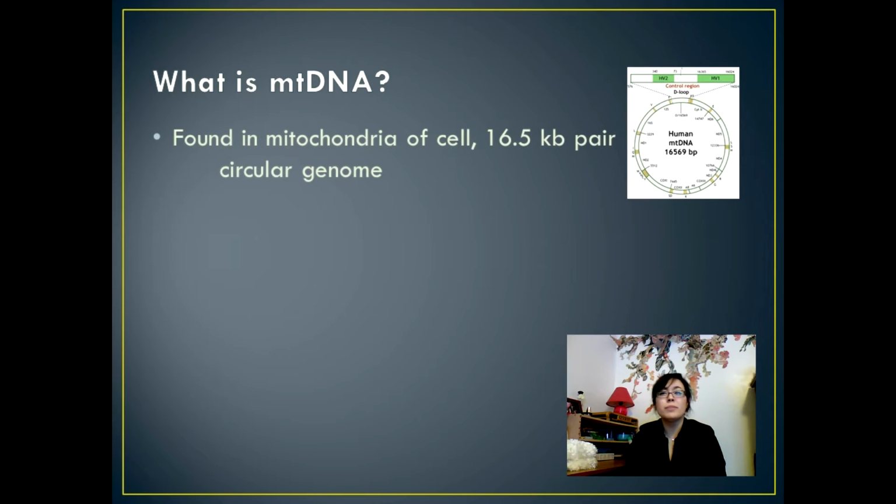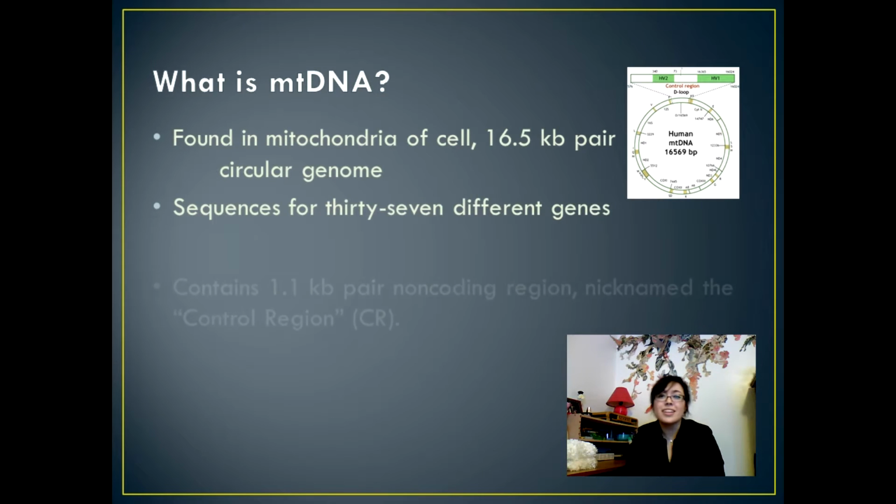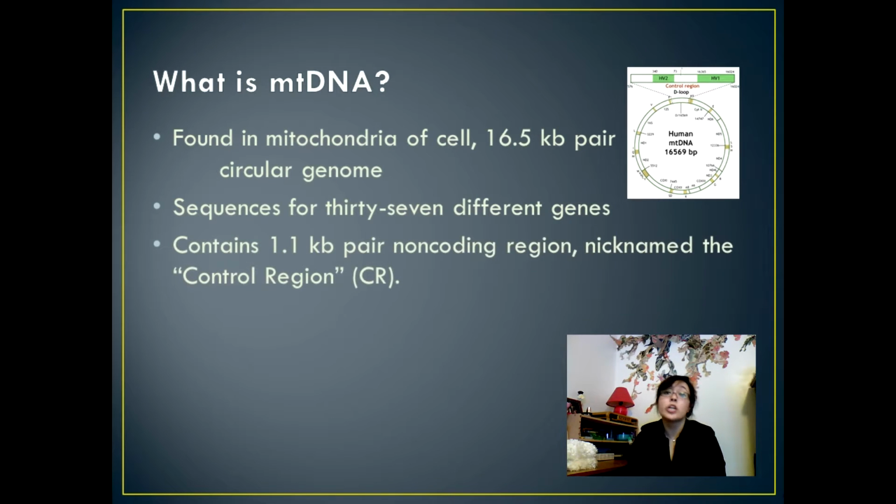It has been determined through sequencing to contain coding sequences for 37 different genes, and most importantly, a 1.1 kilobase pair non-coding region called the control region, or CR.